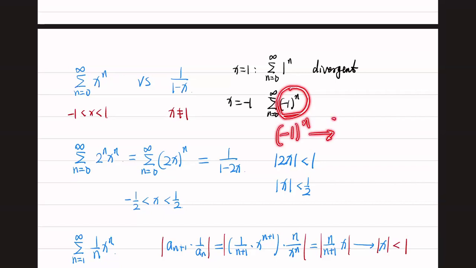Even, 1, odd, -1. 1, -1, 1, -1. What's the limit? Cannot tell, because the limit doesn't exist. If the limit doesn't exist, then this one is also divergent. Okay, divergent.